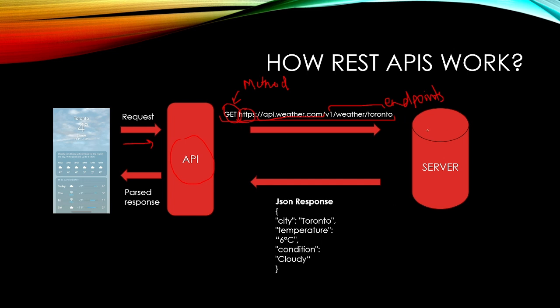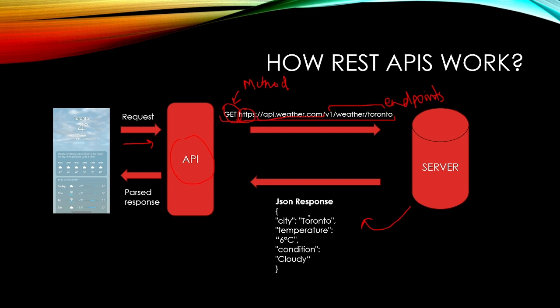This is the request which the server receives. It understands the request, whether it's a GET method or what kind of endpoint it has to go to, gets the data according to the request, and gives back the response in a JSON format.